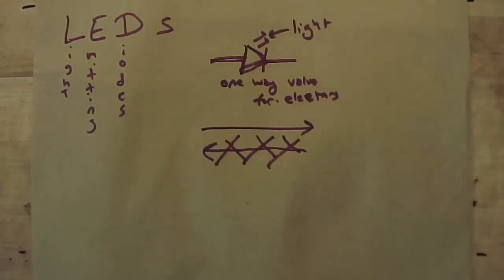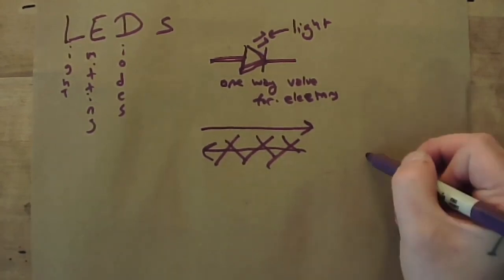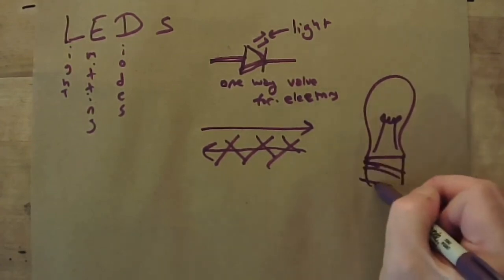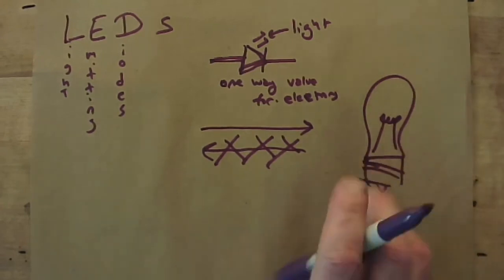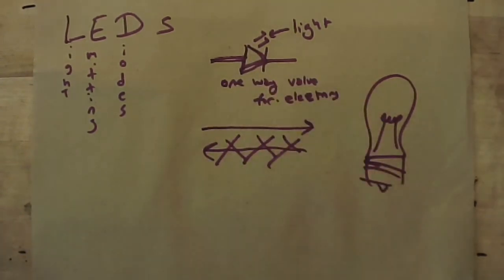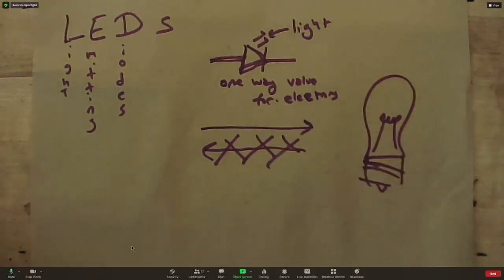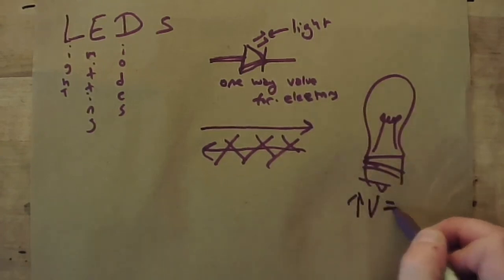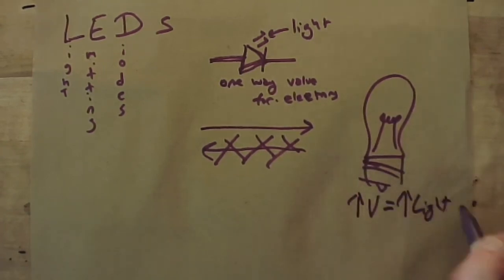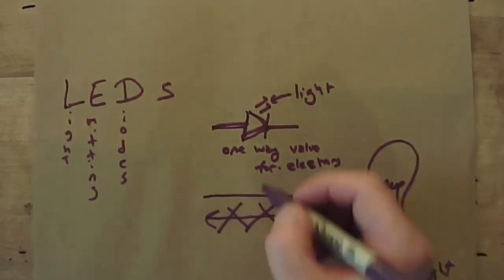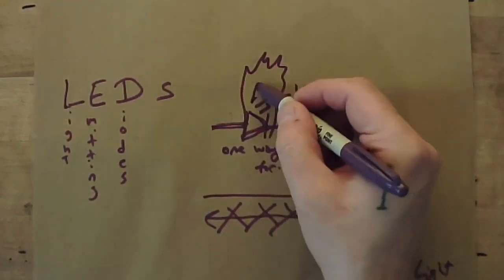And unlike old school bulbs, right, that have the filament in them, how much light comes out of an LED is not related to how much voltage goes into it. With an old school light bulb, if you put more voltage in, more voltage equals more light. That is not what happens with an LED. You put in more voltage, what you get is fire. It'll burn out.